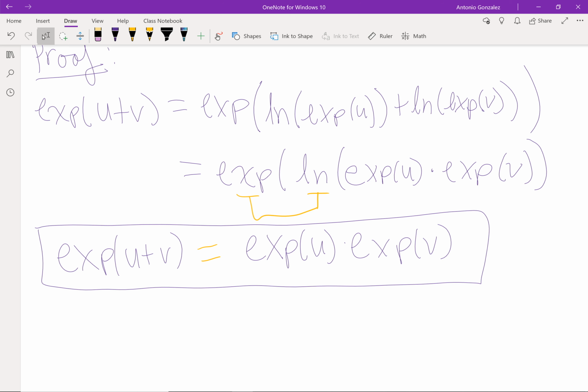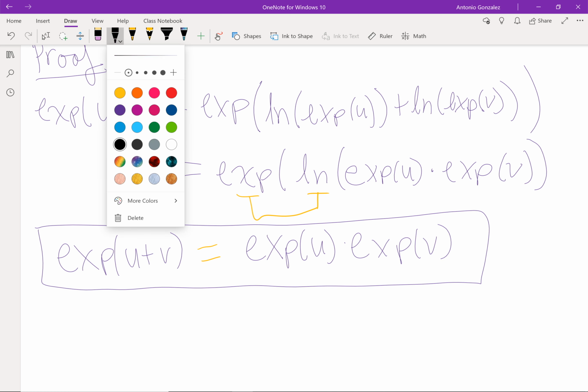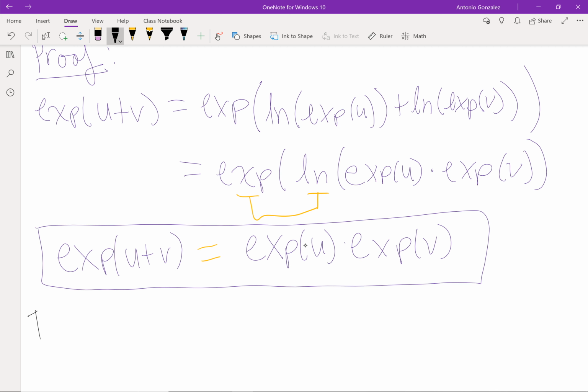All right, now our second theorem for the properties of exponentials. I'll state this without proof and we can just use the results in our work.